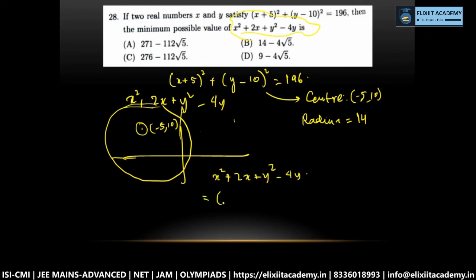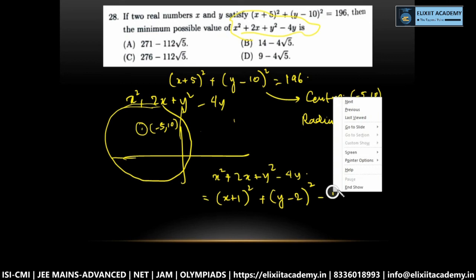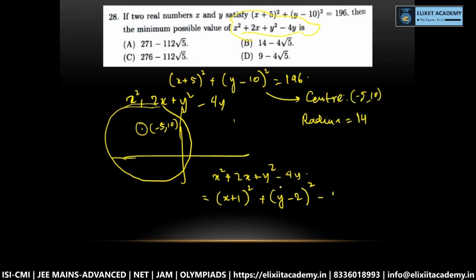So this is x plus 1 whole square plus y minus 2 whole square, minus what extra terms we have considered? Total is minus 5. Right, so there is one more point which is minus 1 and 2.